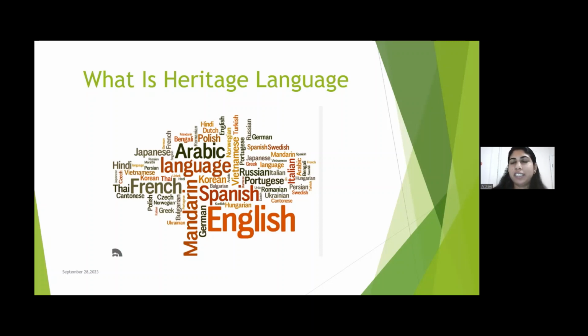But for these kids, it's difficult for them to fully develop it because of insufficient input from the family or other social environment, right? So heritage language can also refer to a language of a person's family or community that the person does not speak or understand, but identifies with culturally. So this is what heritage language is.